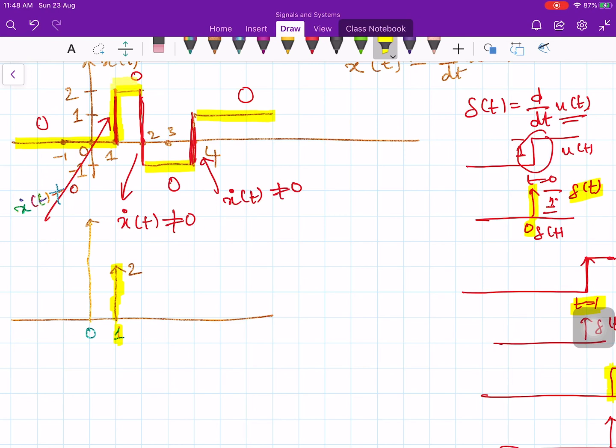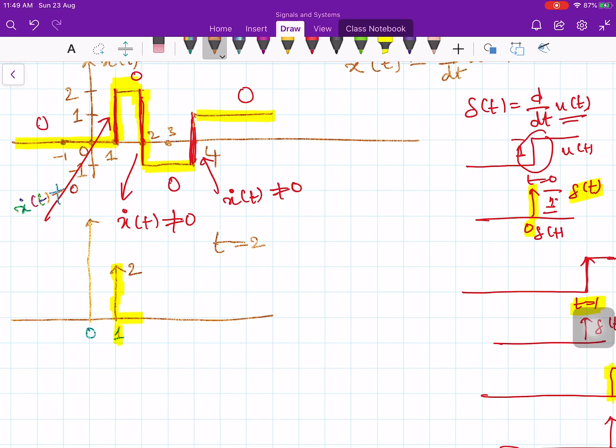So it is 0 here, and when you come to this point, then there is a jump of minus 3 units. Okay, discontinuity of minus 3 at t equals 2.